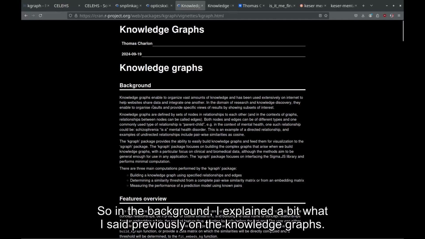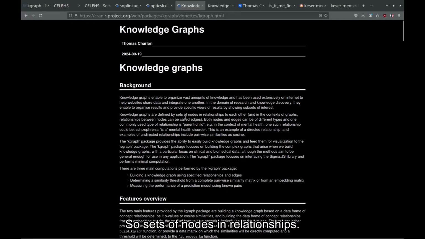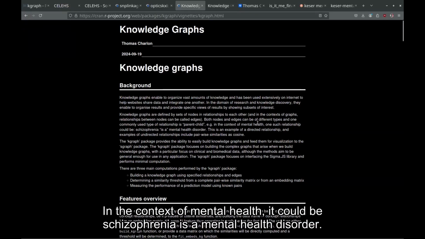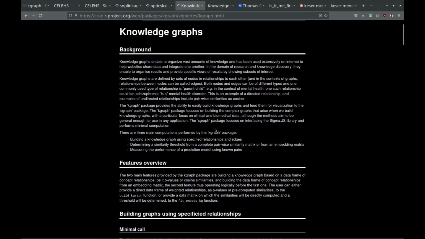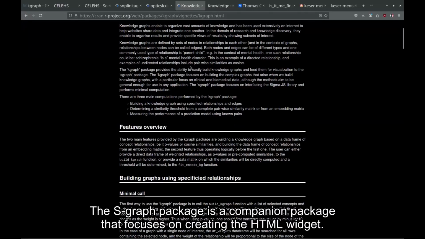So in the background, I explain a bit what I said previously on knowledge graphs: sets of nodes and relationships. Nodes and edges can be of different types. One commonly used relation is parent-child. In the context of mental health, it could be schizophrenia is a mental health disorder. The sgraph package is a companion package that focuses on creating the HTML widget.